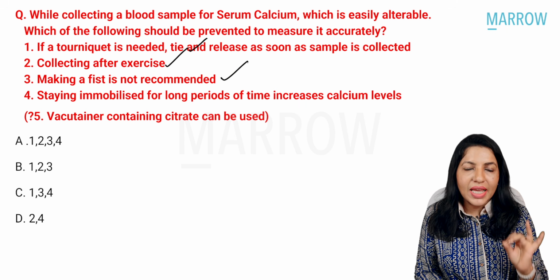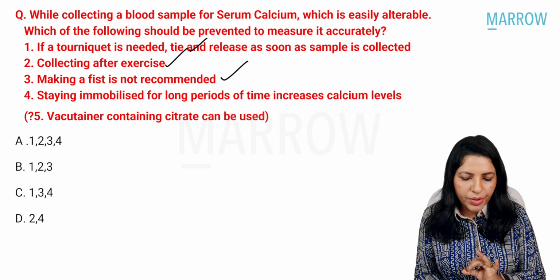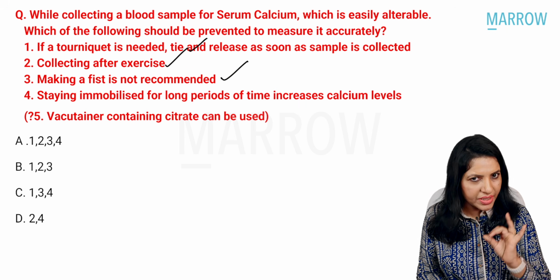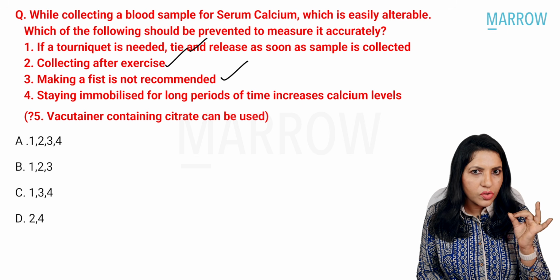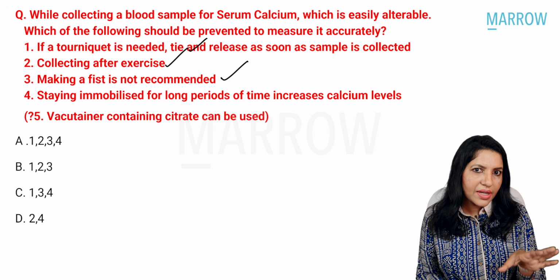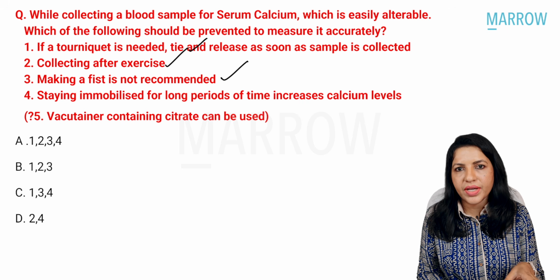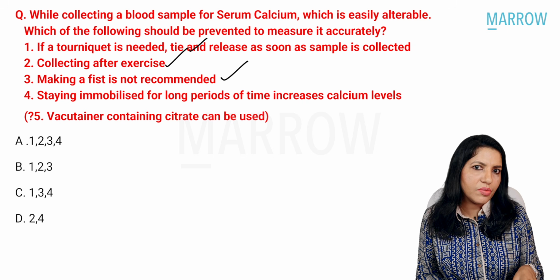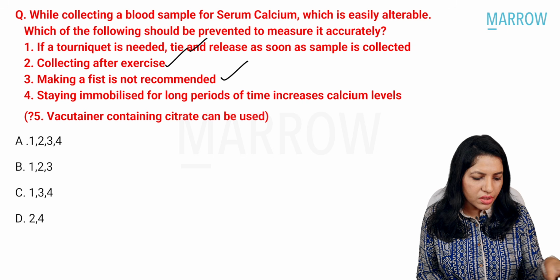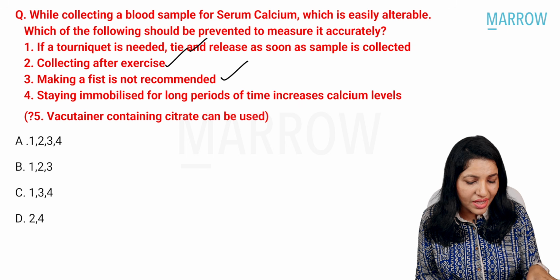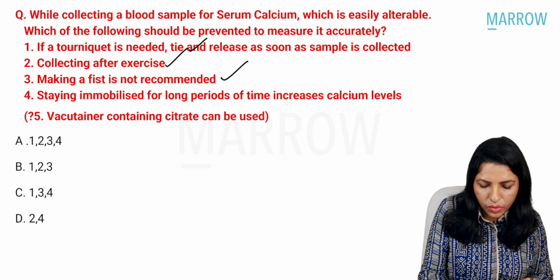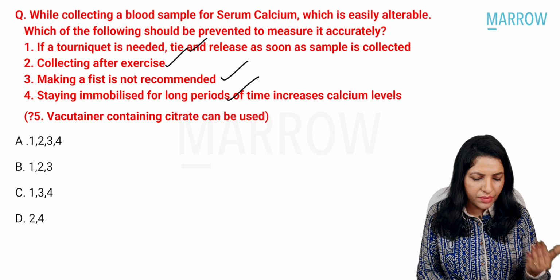Staying immobilized for a long period of time increases calcium level. It is a pre-analytical error. So as far as possible, we won't get the correct estimation if the patient has been immobilized for a long period. So that should be prevented.